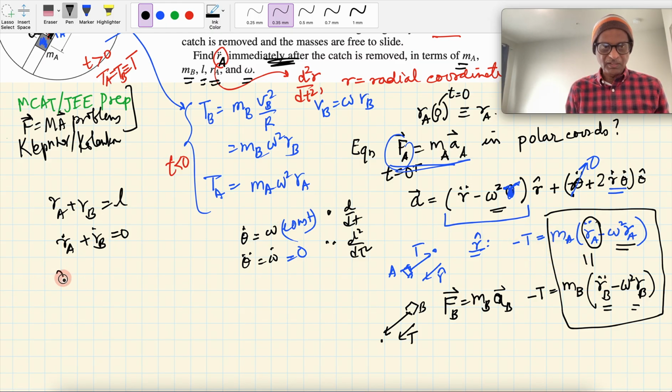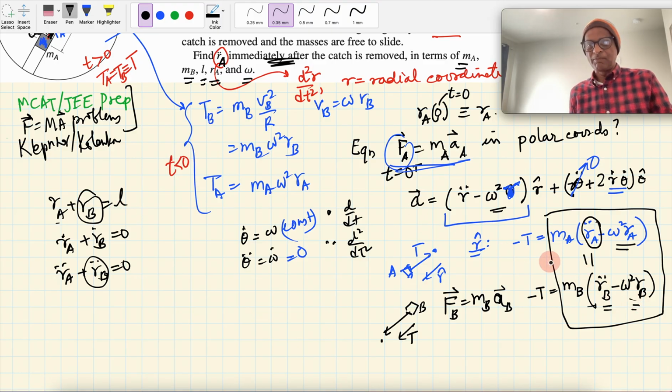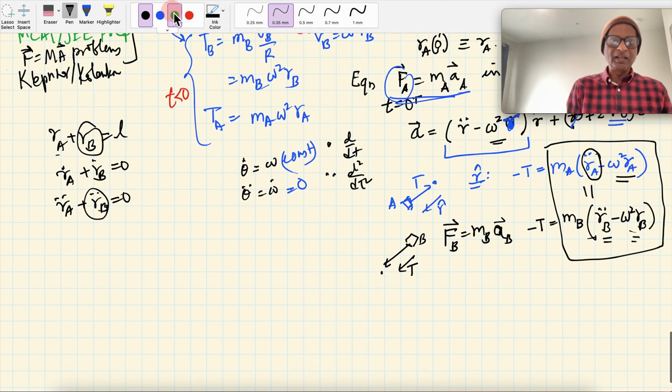Take another derivative, r_A double dot plus r_B double dot equals 0. Now this one I can use here and convert that to r_A, and I can use this guy to convert over here. So let's do the algebra.